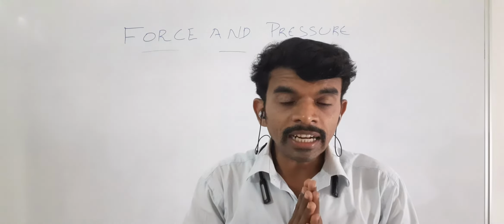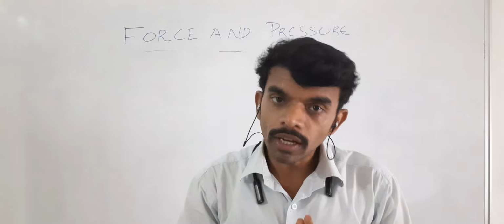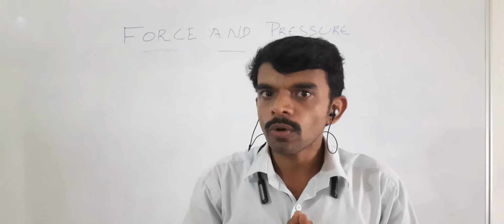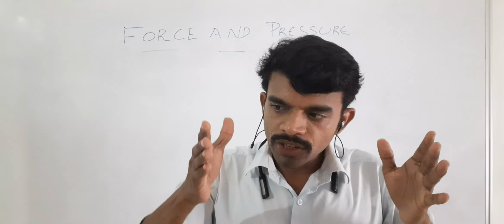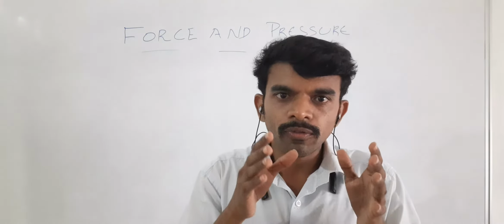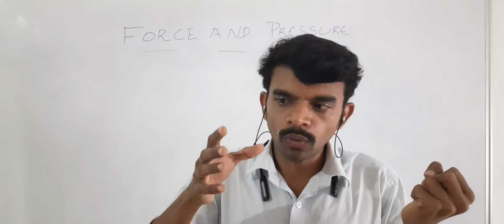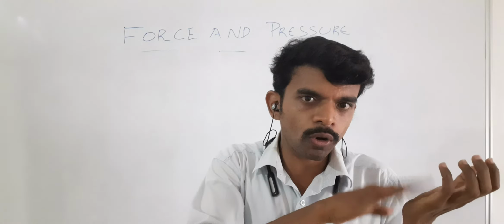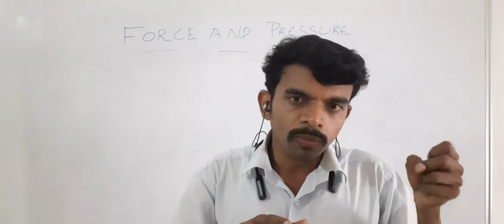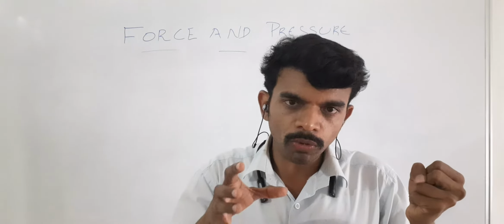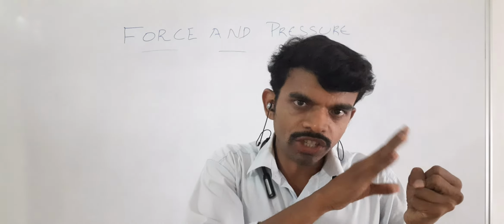That is because of the electrostatic force. Here both bodies are charged, so a charged body can exert force on another charged body. Balloon 1 is exerting force on balloon 2, which is also charged.